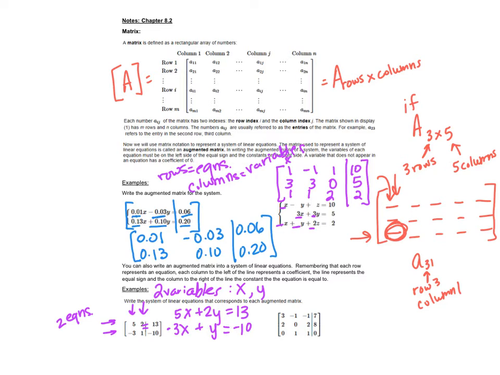All right, let's look at this next one. This time I'm going to have 3 variables, so I'm going to use the variables x, y, and z. Okay, then I have 3 equations. So starting with my first equation, I'm going to have 3x minus y minus z equals 7. Then I'm going to have 2x. I don't have a y.